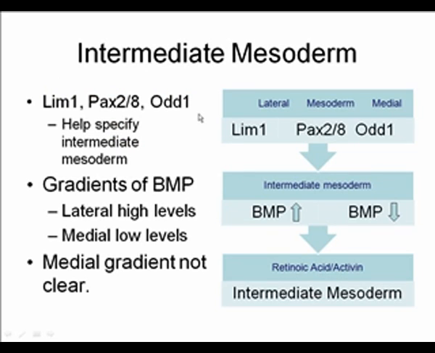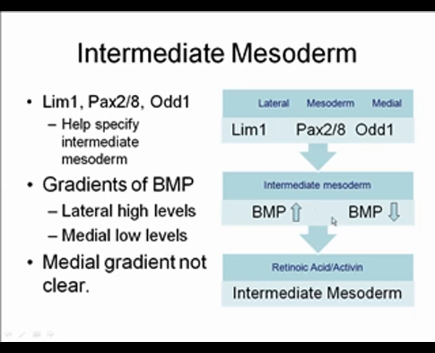Now, how does that intermediate mesoderm form? Well, there are different factors which are important in that formation, one of which, a set of those, are the PAX genes. In addition to that, we have a gradient of bone morphogenetic protein, lowest in the region of the neural tube, if you remember, highest out laterally.